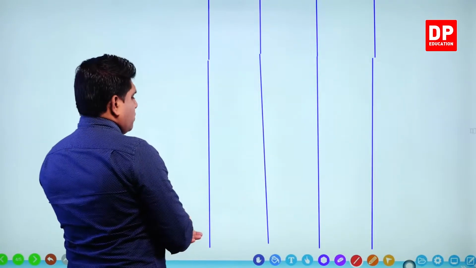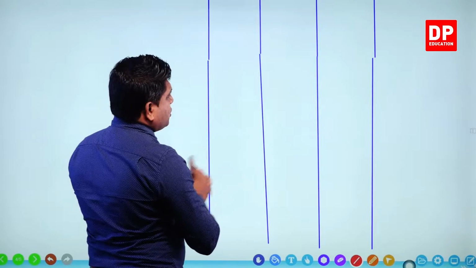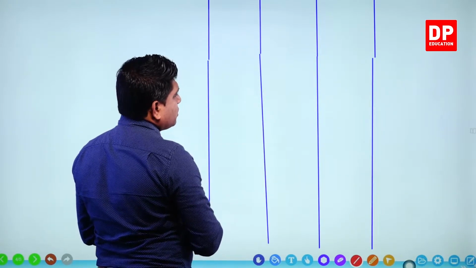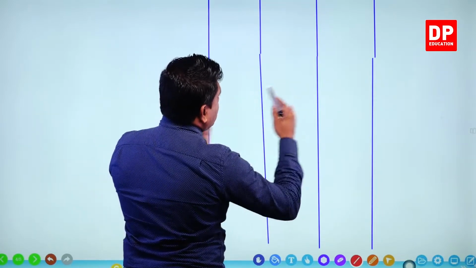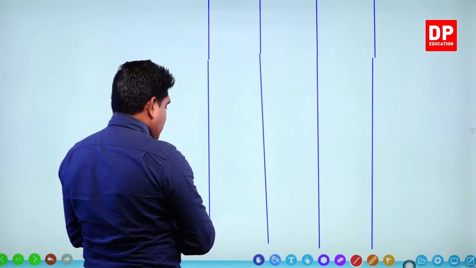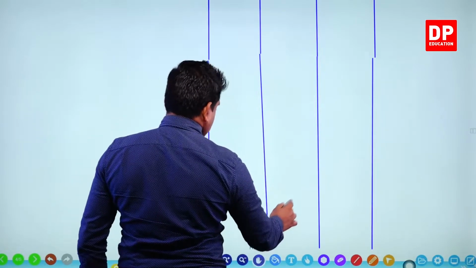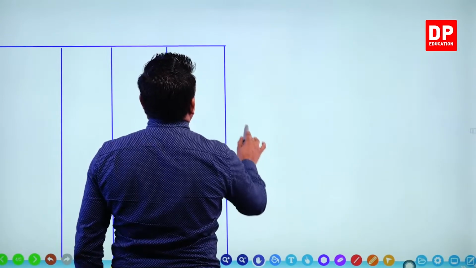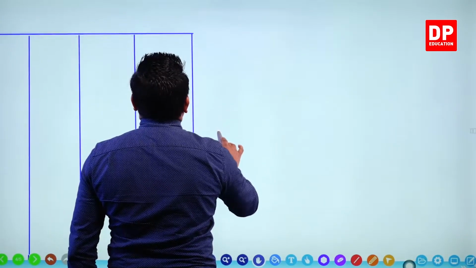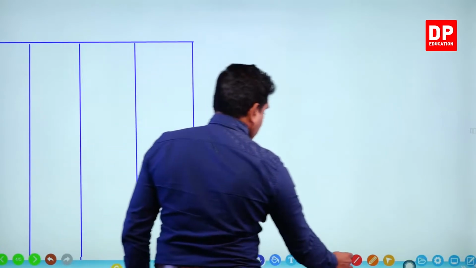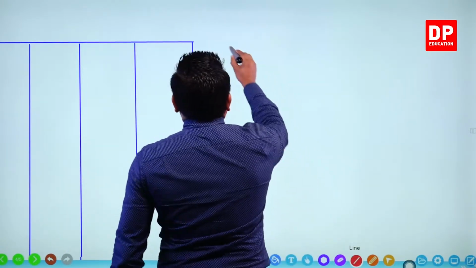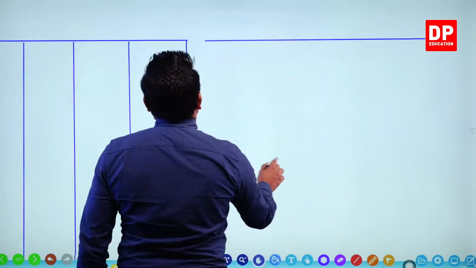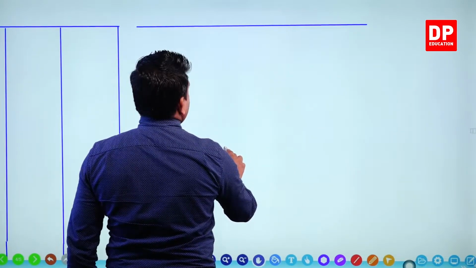Okay, now we can draw the statement of financial position, not down. It's very easy if you can draw right side of the profit and loss statement. Here we have to draw statement of financial position.